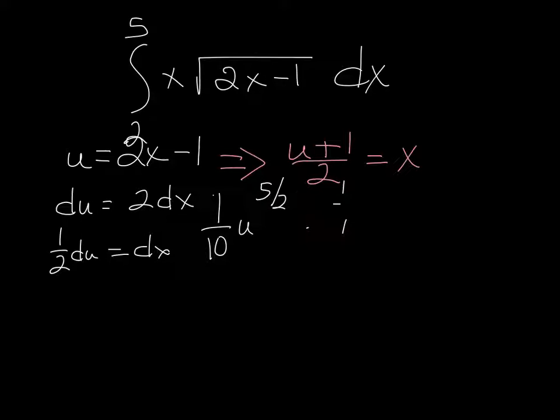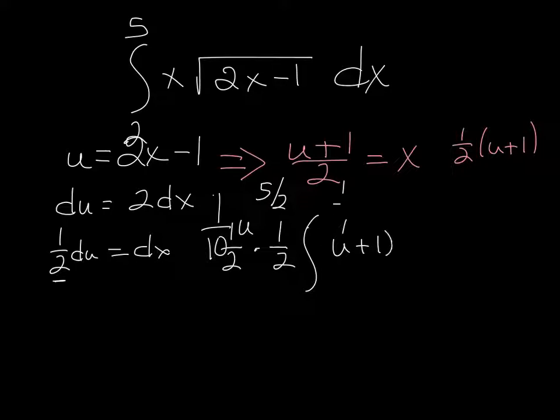We know we're going to have a 1/2 out front from here. This could also be written as 1/2 times u plus 1, which might be a little bit easier. So if I do that, I can multiply by this 1/2. And I have x, which equals 1/2 times u plus 1, times u to the 1/2.